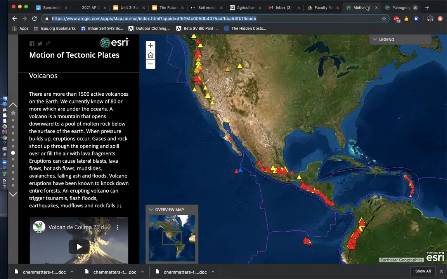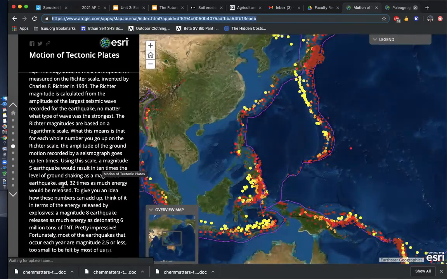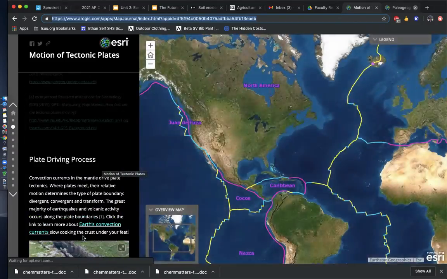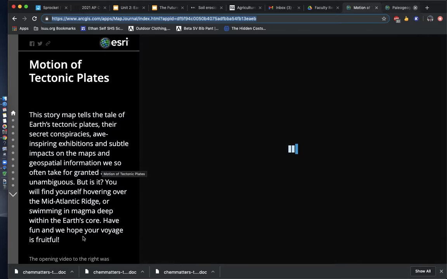The second and third articles that I gave you are really big, so I'm not expecting you to look at all of them. But the first one is all about the motion of plate tectonics.